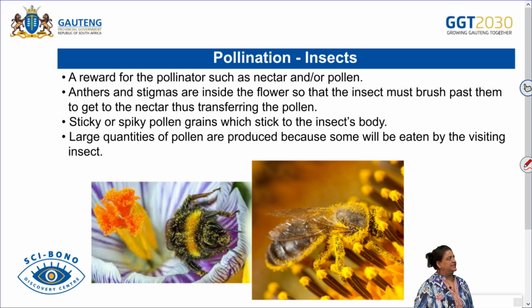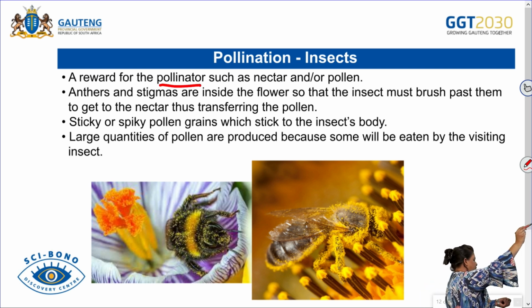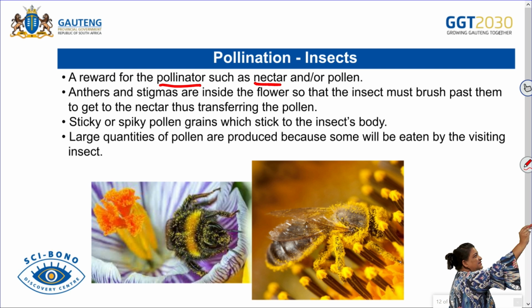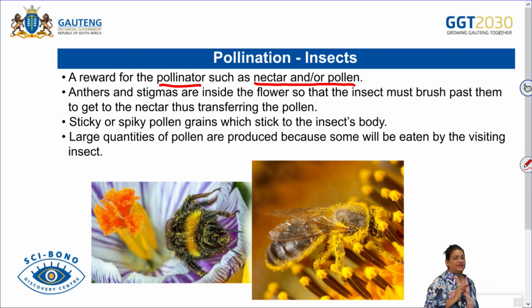Now let's look at the insects. A reward for the pollinator, such as nectar or pollen, right? So when the pollinator comes, your bee or your butterfly is coming to the flower, it's there for it to pollinate. But what is it getting? It's also getting some food, like the pollen.